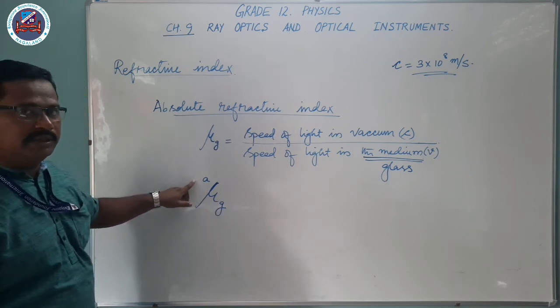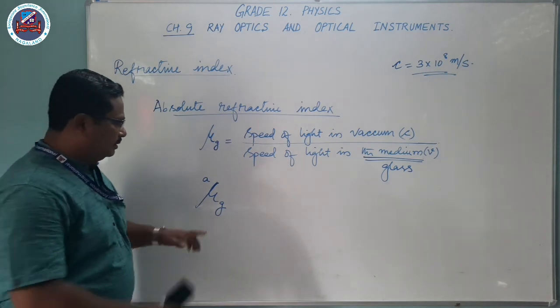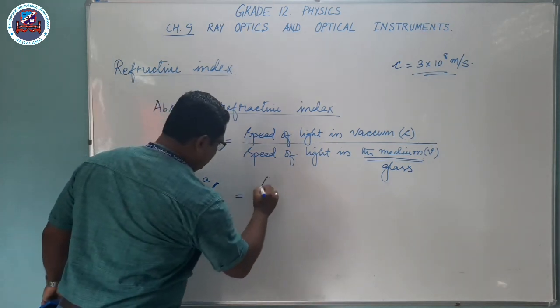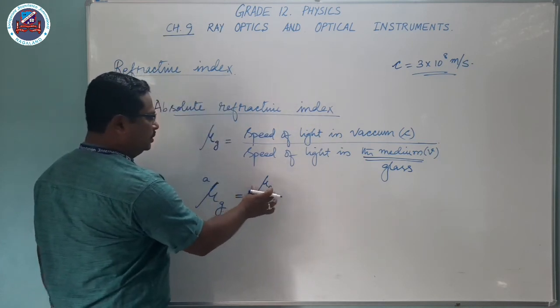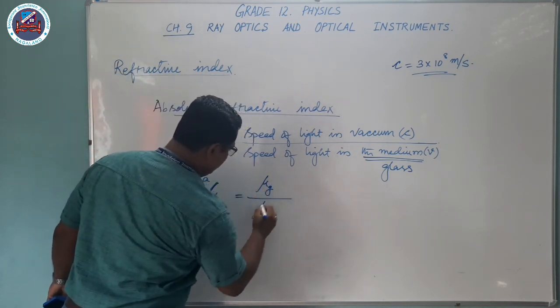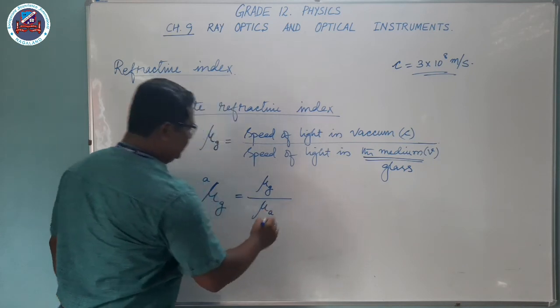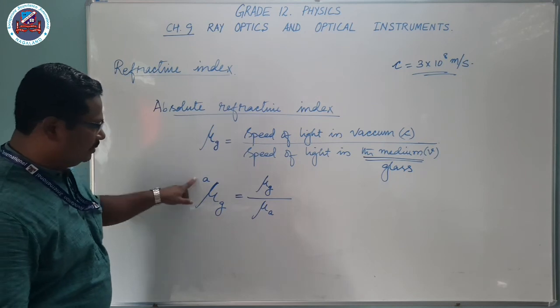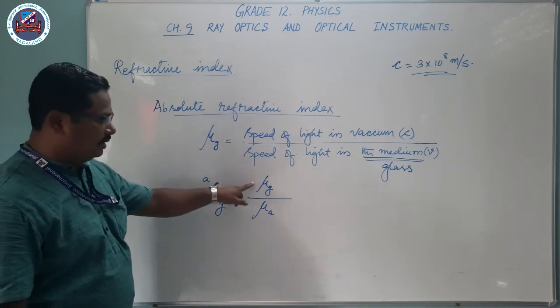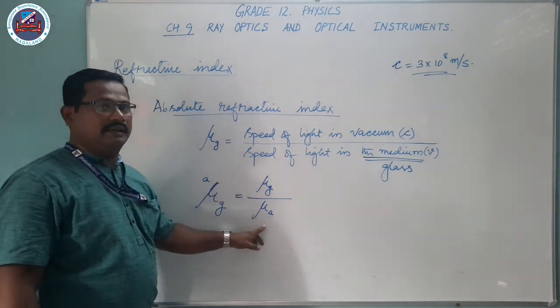This is the way you read, and you write this as refractive index of glass, absolute refractive index individually, divided by refractive index of air.